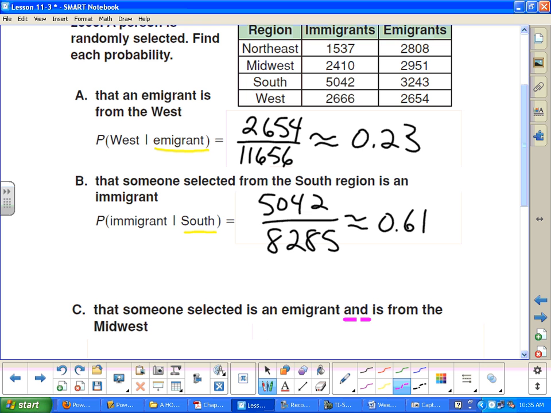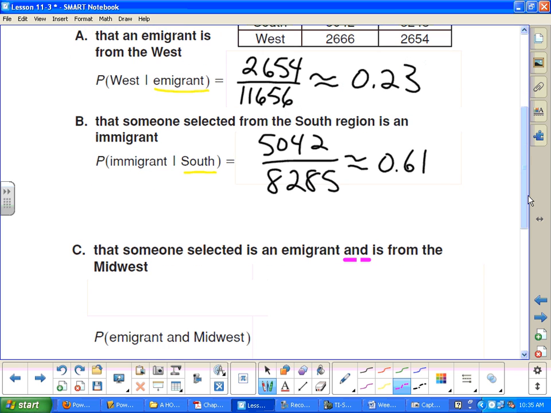This is where we have to use the fact that we have the probability of A times the probability of B given A. We have a conditional probability as soon as we put the word "and" in there. So it's the probability of an immigrant and Midwest. This is just like the ones we did with the number cubes.